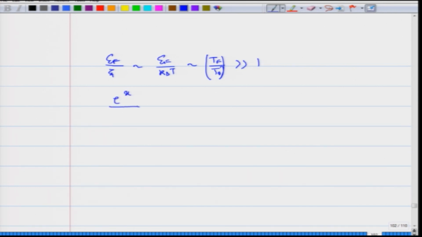So, e raised to x by (1 plus e raised to x) the whole square, for minus Ef by zeta, which is a very large value, is approximately of the order of 1 plus a very small number the whole square, where this number is much less than 1, of the order of e raised to x. So, therefore, this itself tends to 0.